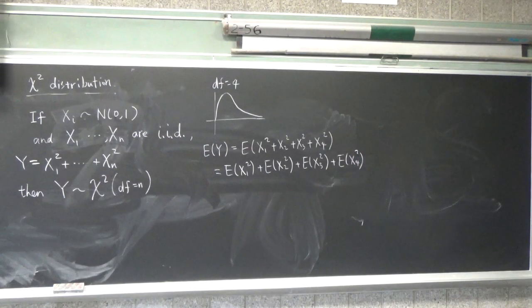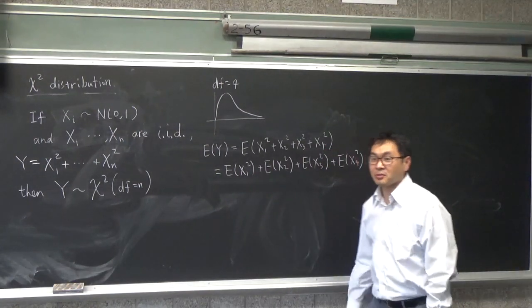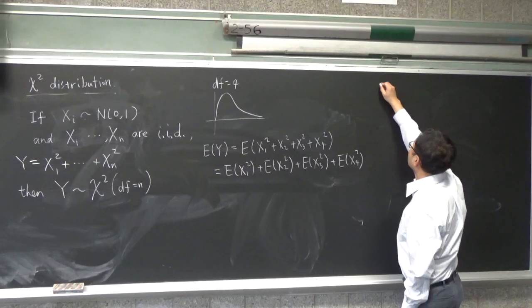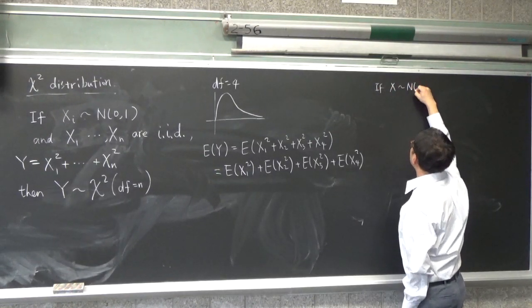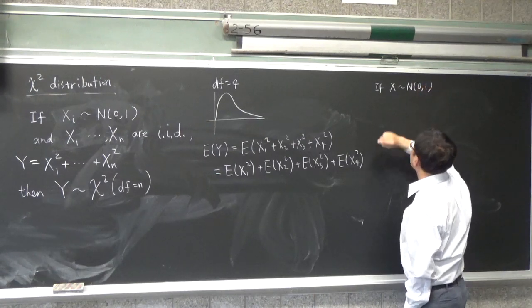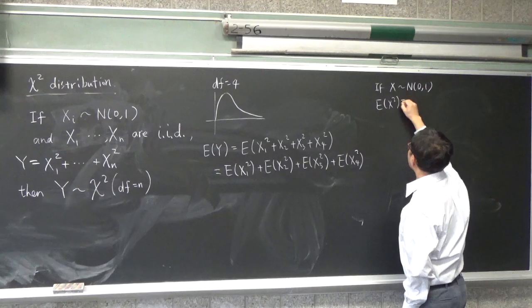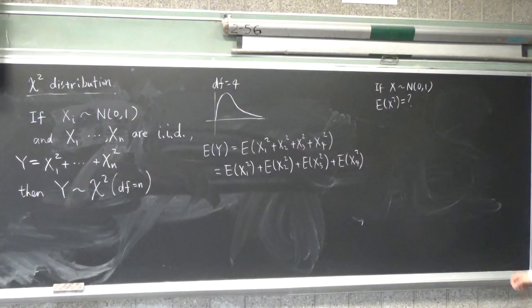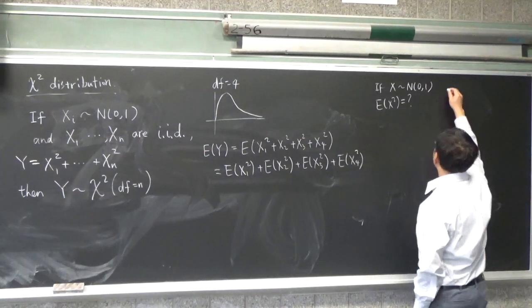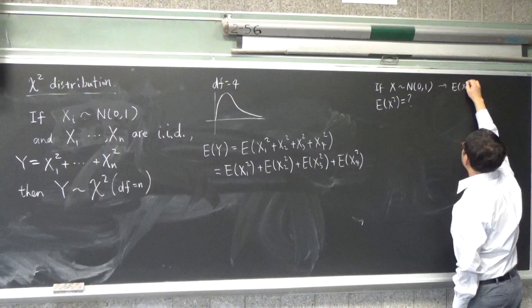Okay. Does anyone know E of x squared? So here's a question. If x follows the normal distribution 0, 1, what is E of x squared? No, E of x is 0, because that's the average.